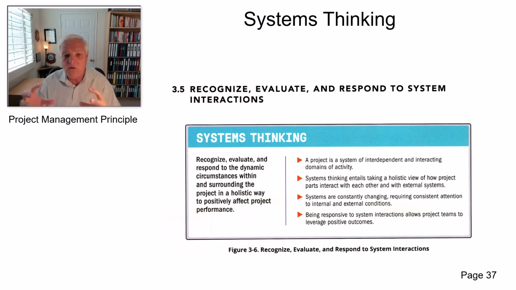It's that whole flow. Systems thinking entails taking a holistic view of how project parts interact with each other and with external systems. There are connections and interconnections that are leveraged by you as a project manager. So you need to be responsive to system interactions that will allow project teams to leverage positive outcomes.